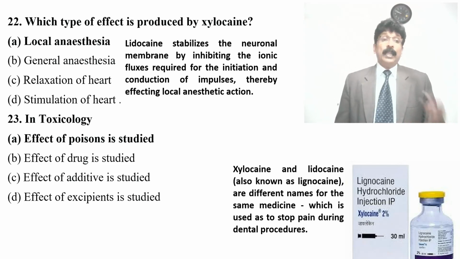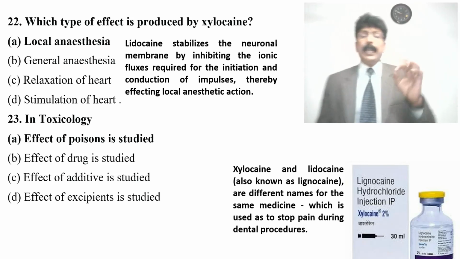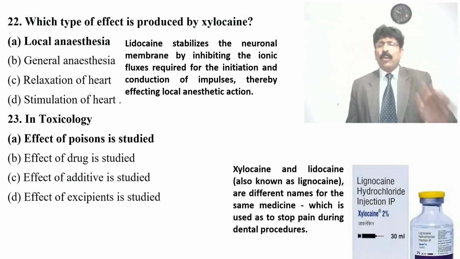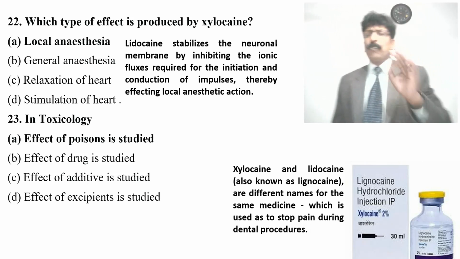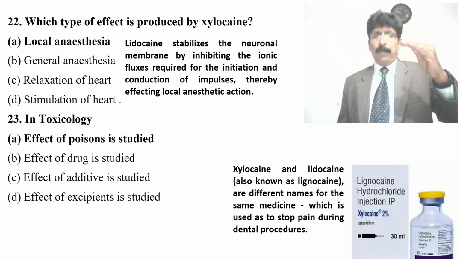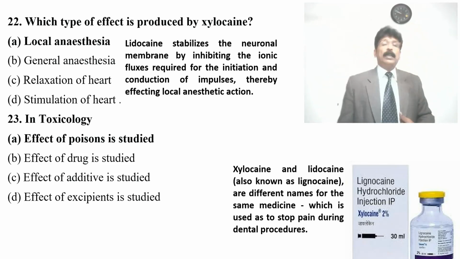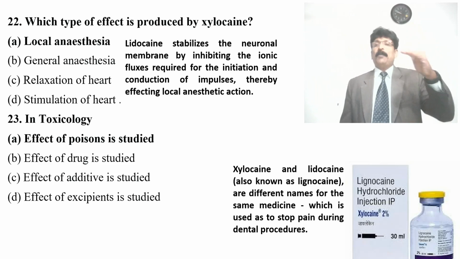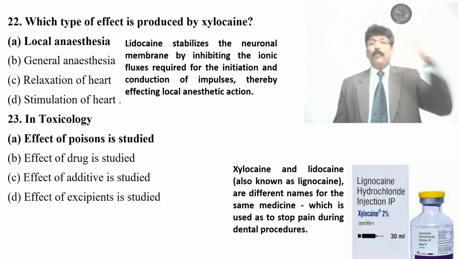The next one is in toxicology. They have given very clearly the choice. Toxicology means we have seen toxicity, minimum effective concentration, and as the dose is increased the level in the blood stream rises, then automatically above the maximum effective concentration it is called toxicity.